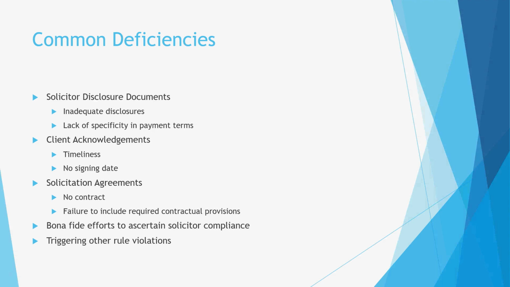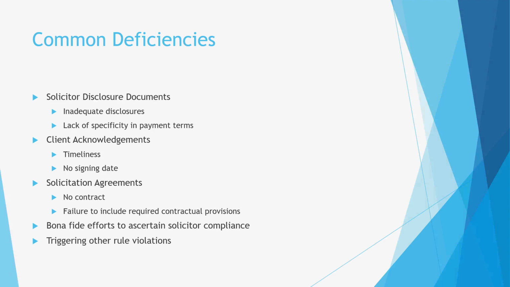These disclosures need to be very specific as to what the solicitor is actually being paid, where it is coming from, and if there's any additional fee the client is paying that they wouldn't otherwise have paid if they didn't come through the solicitor. So again, the solicitor disclosure documents being inadequate was the first deficiency the SEC noted. The second one deals with client acknowledgments.